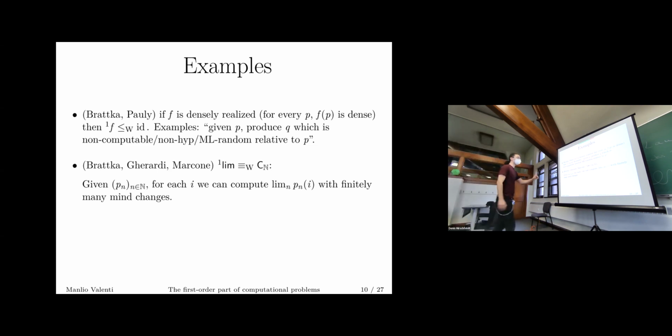very briefly, the idea is that if you're given a sequence in the Baire space, for each component, you can find the limit in that component with finitely many mind changes. It's just the limit on the natural numbers, so you only need finitely many mind changes to find the limit.